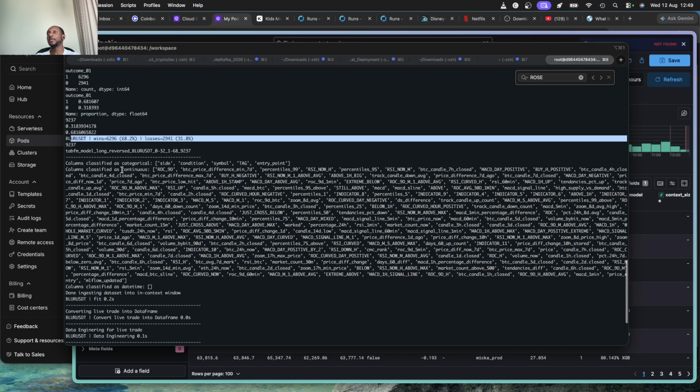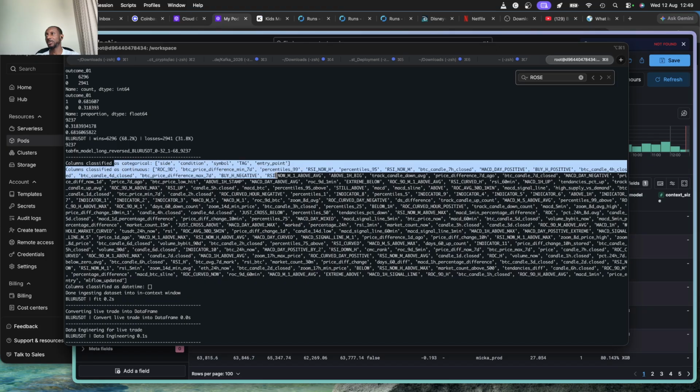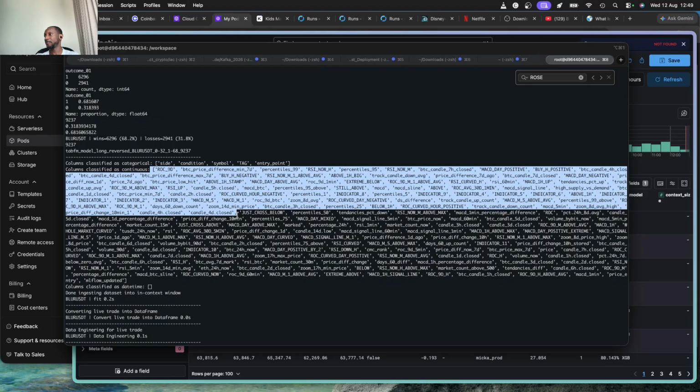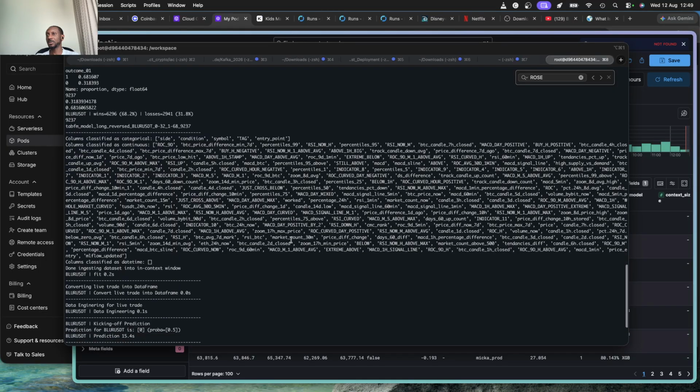And this is the model just reading the data engineering field that we did. So it knows that we have these categorical fields, and it knows that we have these numerical fields.